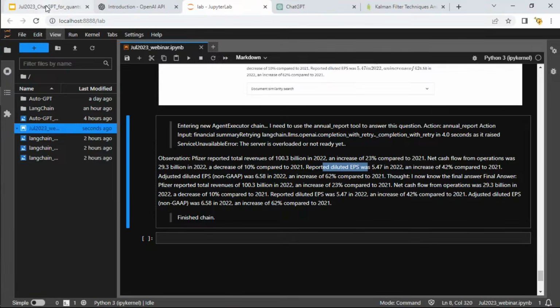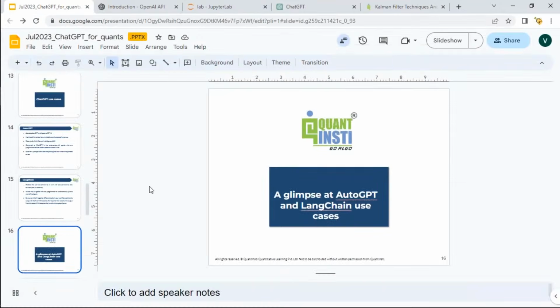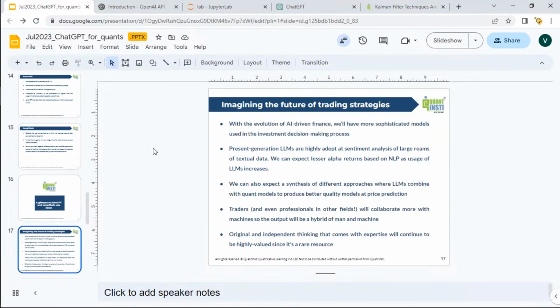So again, what these things demonstrate to you is that these kinds of tools are pretty powerful once you start slightly expanding the kind of things you can do with them, right?